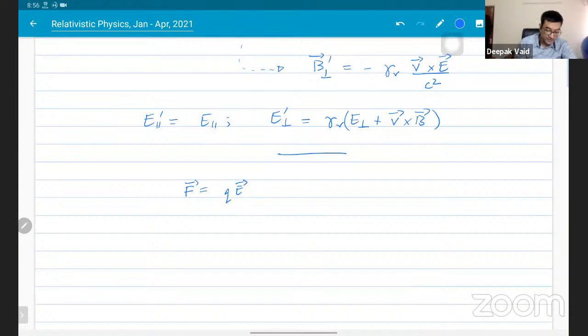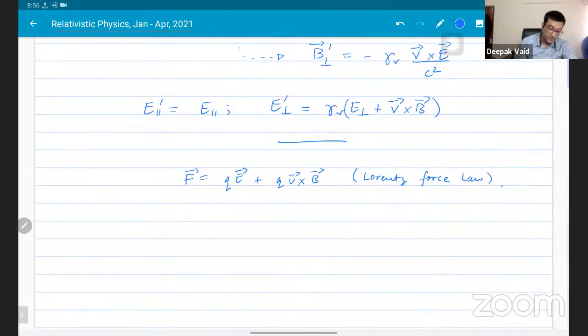So remember that you have this force law, right? This is called the Lorentz force law. Right.